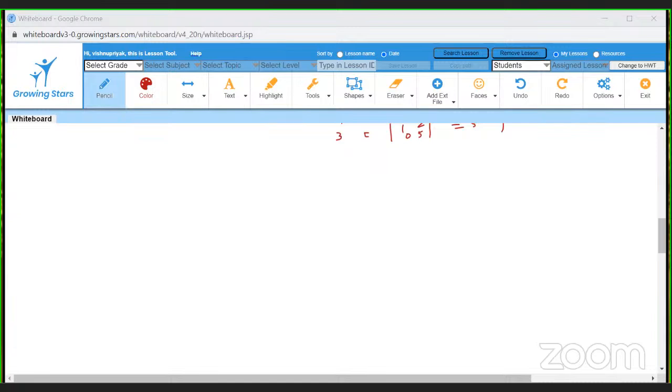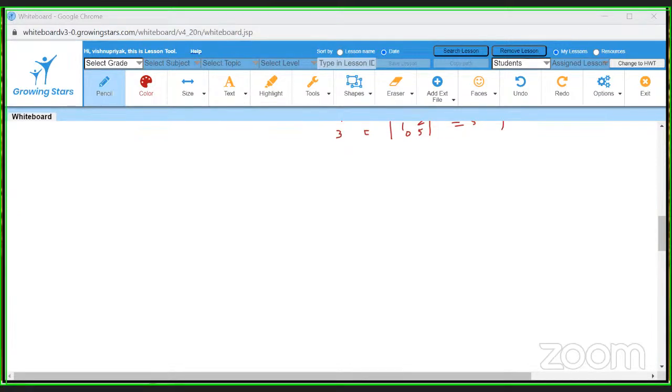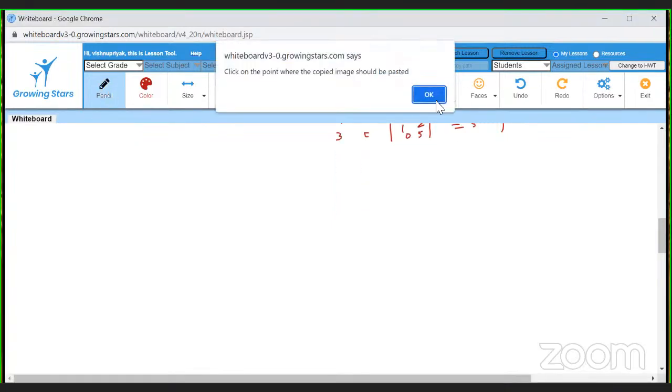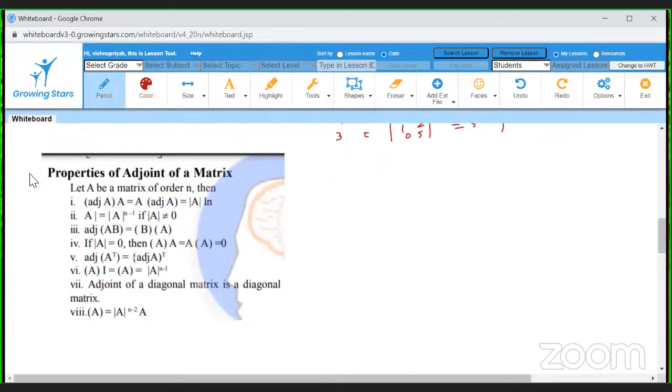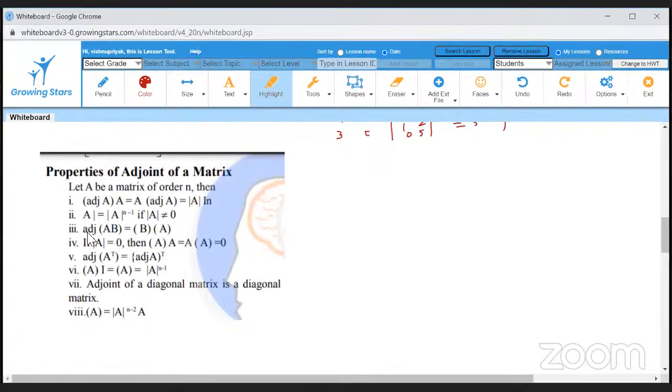The next is, there are some properties of adjoint matrix.